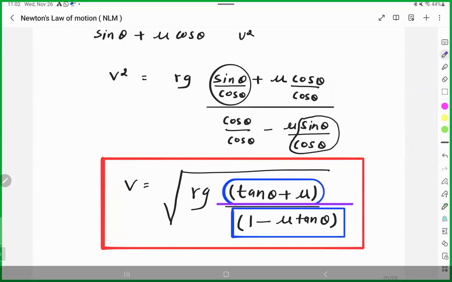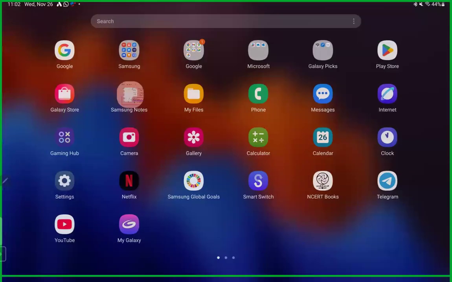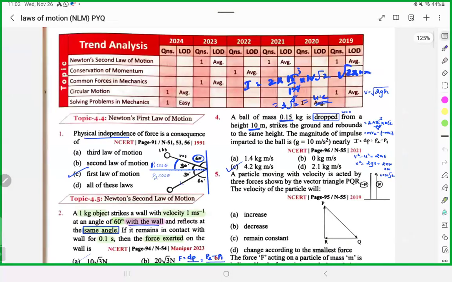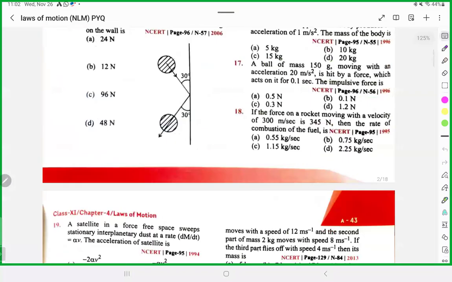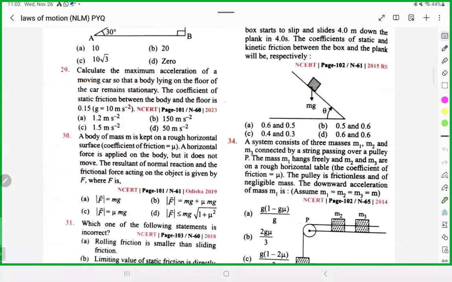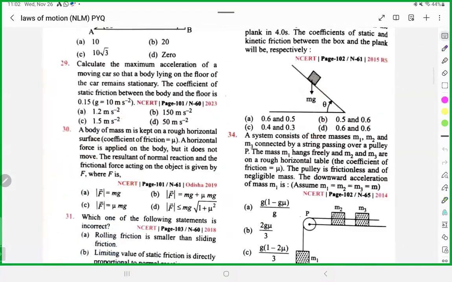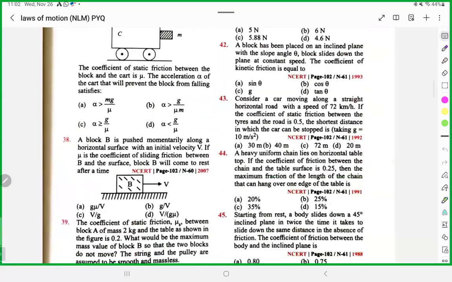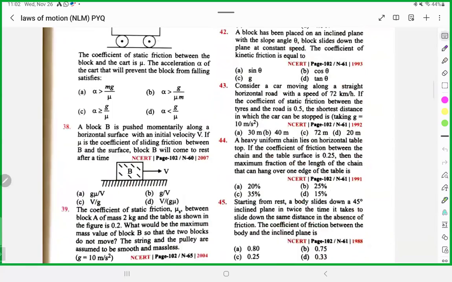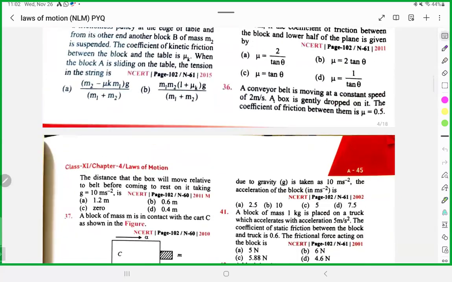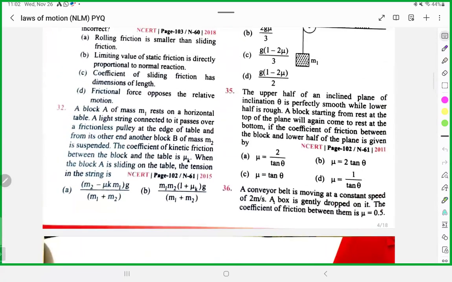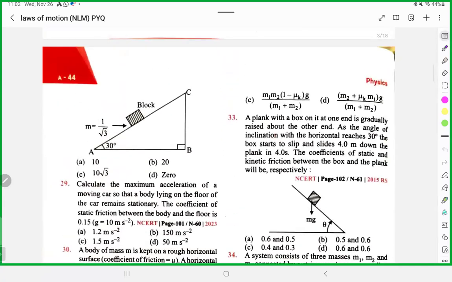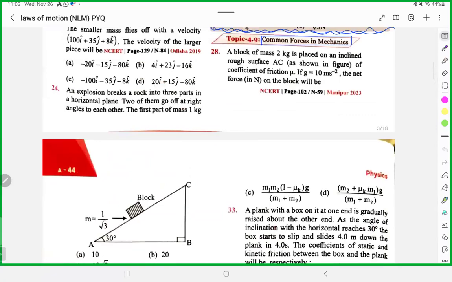Okay, shall I show you? See, it is given this.